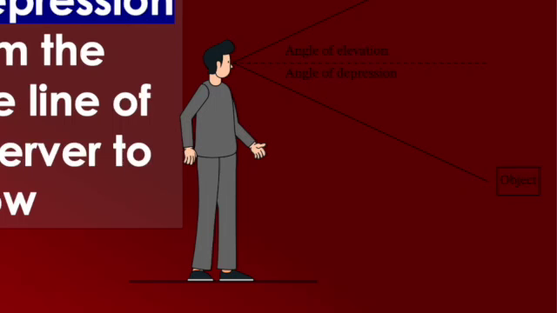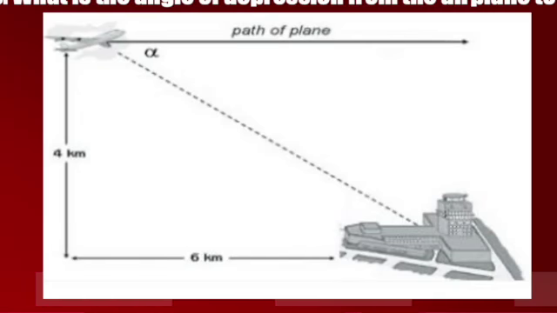If the object is below the line of sight, the angle formed between them is called the angle of depression. So that is what we will find here, since the airplane is above the ground. The angle from the airplane going down to the airport is the angle of depression.